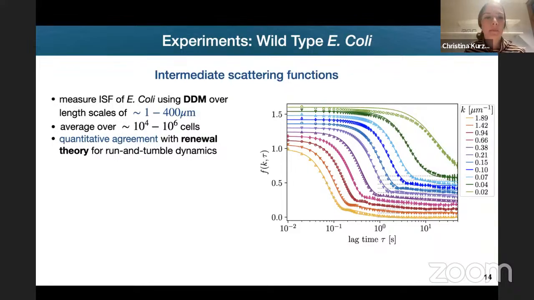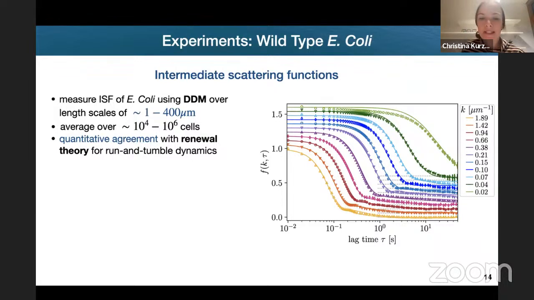Within the sample, we had about 10^4 to 10^6 cells, which provided us really good statistics. And when fitting the data to our theory, we see very nice quantitative agreement between them.